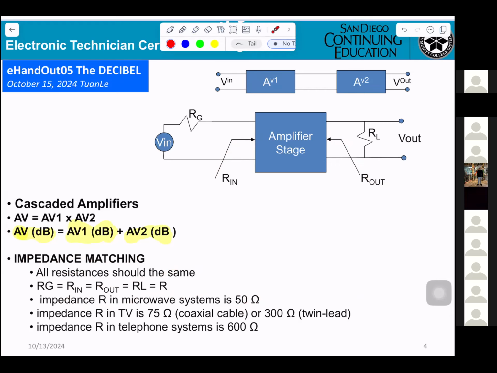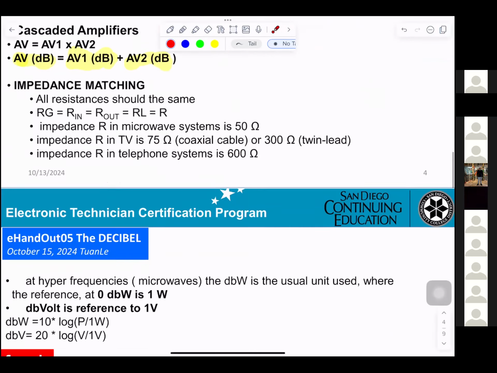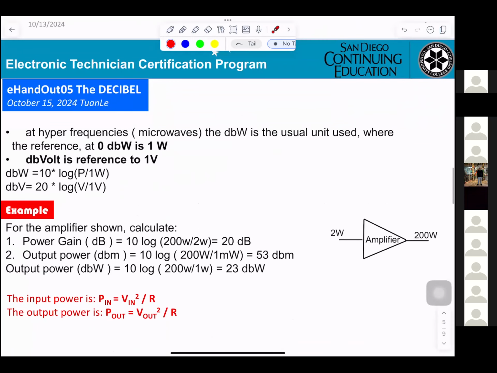Impedance R in TV is 75 ohm coax cable or 300 ohm twin lead. Impedance R in a telephone system is 600 ohm. You understand that for signal transmission, the resistance impedance has to be the same. Otherwise, you will lose the signal.